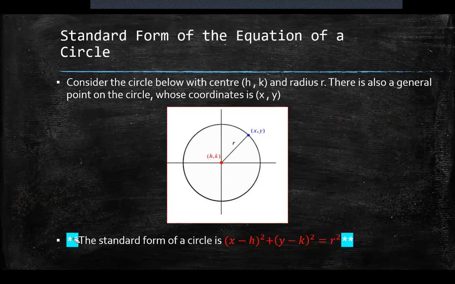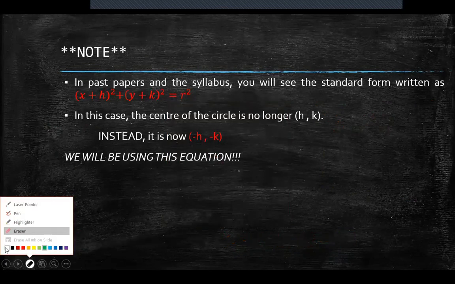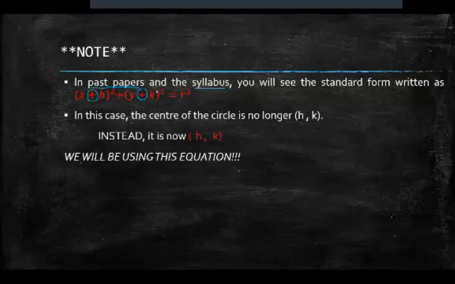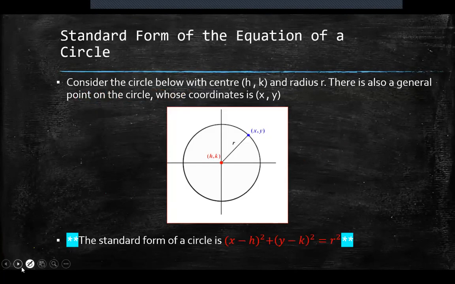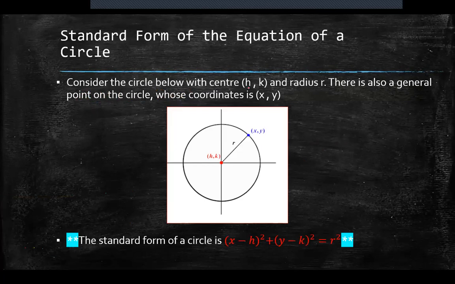All right. Now for the reason why I have the asterisk here. Note, in past papers and in the syllabus, instead of seeing a minus sign here and a minus sign here, you see two plus signs. Remember I told you that the center of the circle was HK.